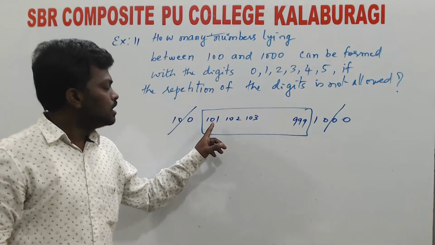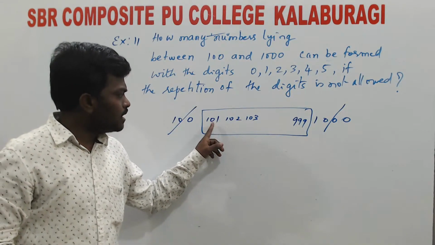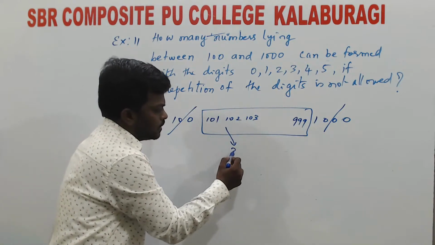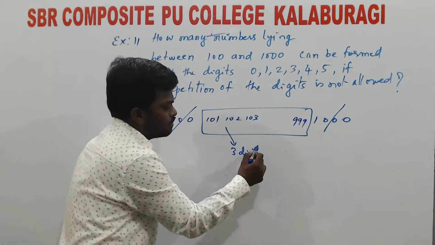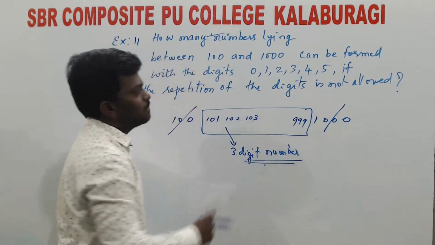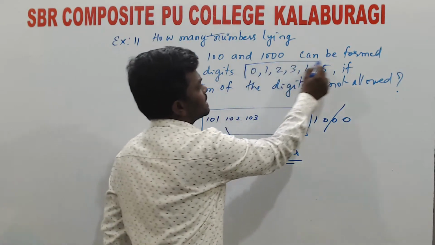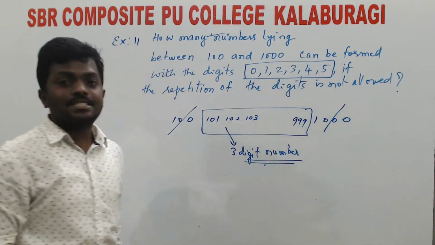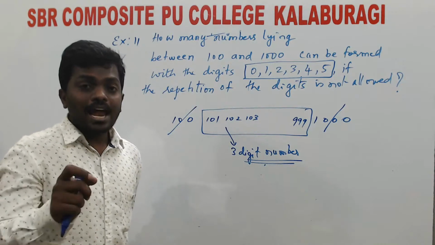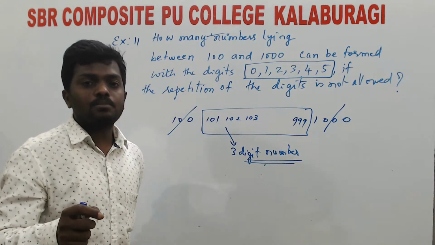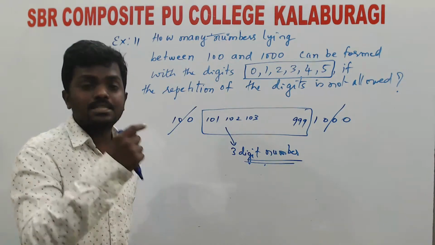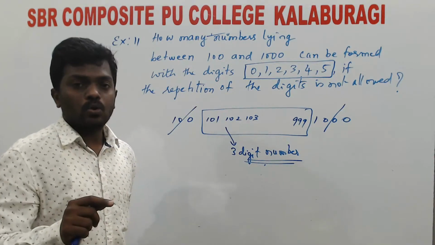So what you can see, between 100 and 1000, these are nothing but 3-digit numbers. That means out of the digits given, you have to form a 3-digit number. And always be careful from now: are the given numbers distinct or not?